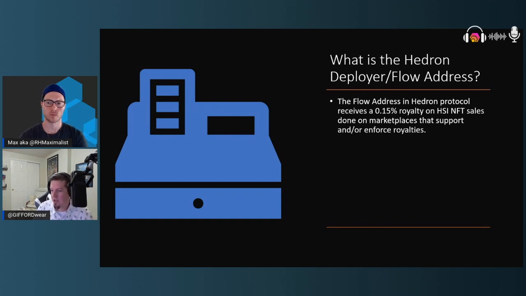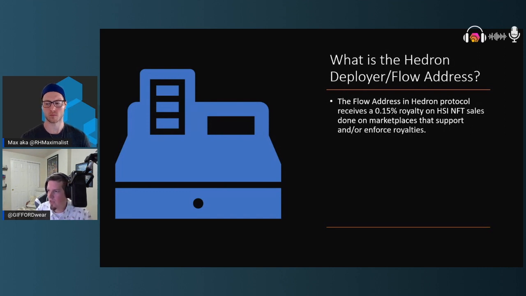If you're selling on OpenSea, then there's a mandatory royalty. But if there's a new marketplace like hexmarket.com, I don't know what their royalties are set to or if they have any, but it's strictly optional. So we knew the flow address as the address that is going to be receiving some royalties from HSI sales.